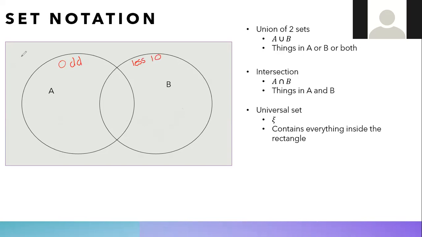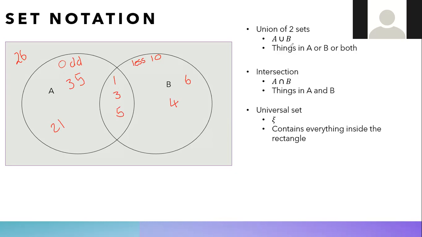So we might have 26, might have 1, 21, 4, 6, 35, 3, 5. So there's a few numbers in there.